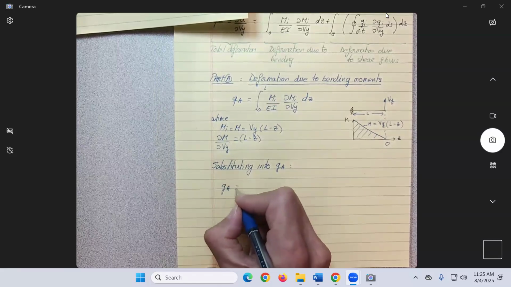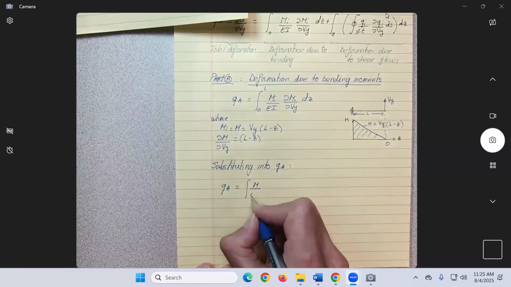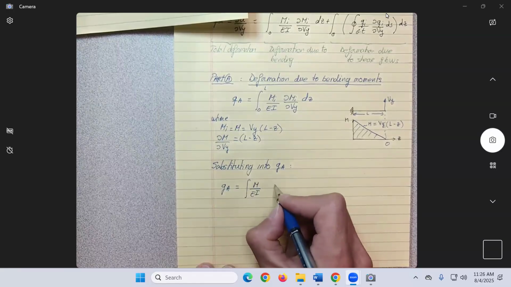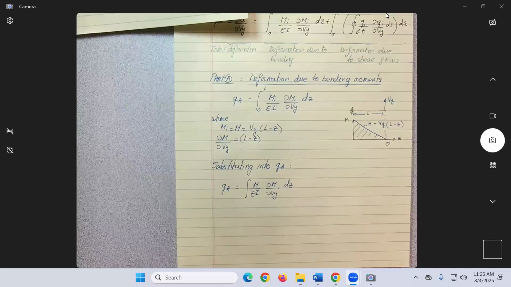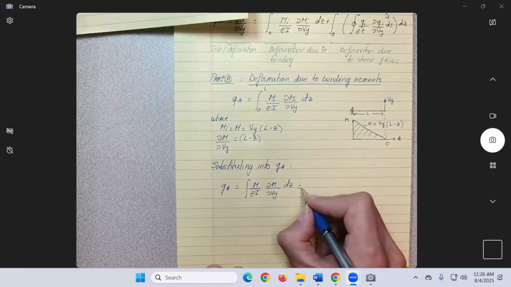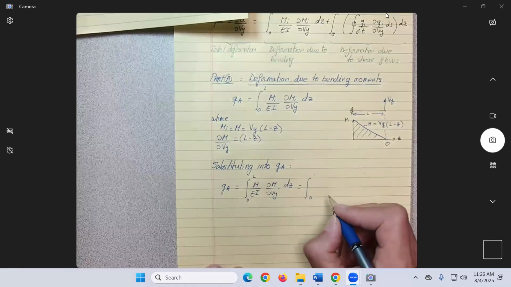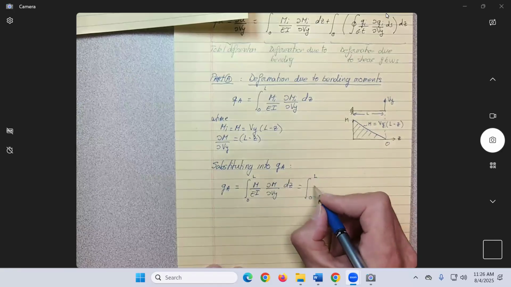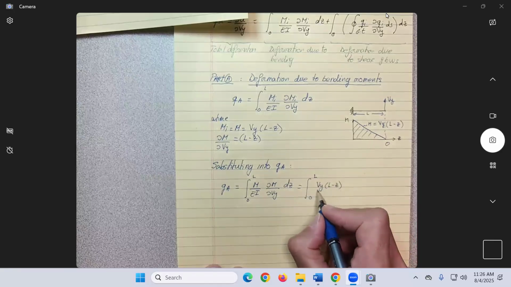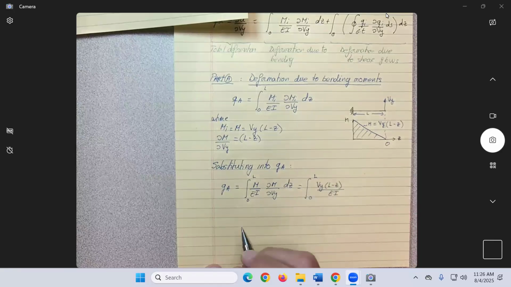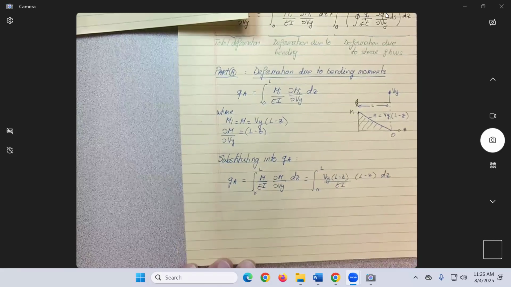Q sub A is equal to the integral of M over EI partial M partial Vy dz. This gives you integral 0 to L of M, which is Vy times L minus Z, divided by EI times L minus Z dz.